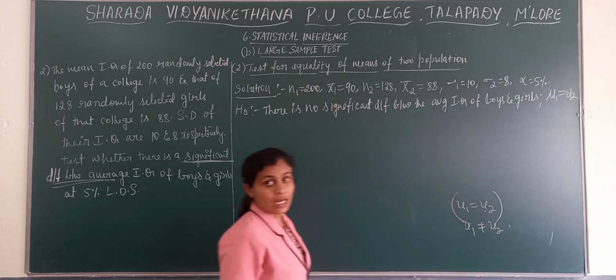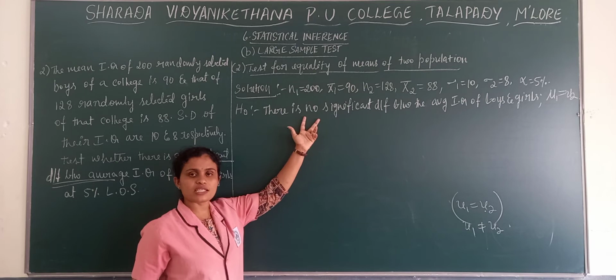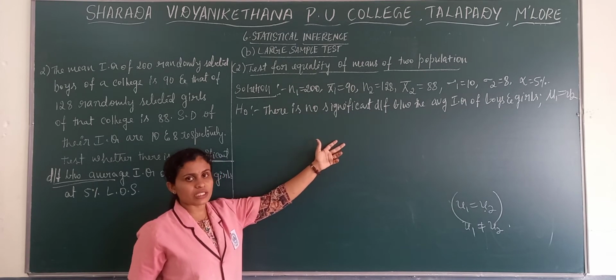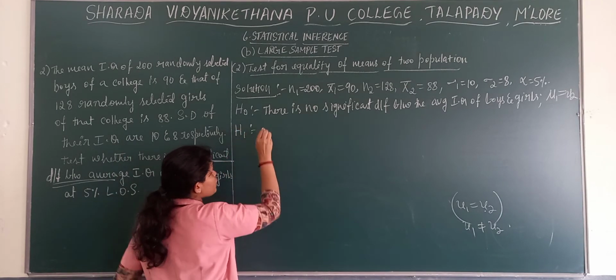Now a question can arise: why have we taken there is no significant difference in the null hypothesis? Usually no will come in case of alternative. Now here, in case of alternative, what do we need to write?